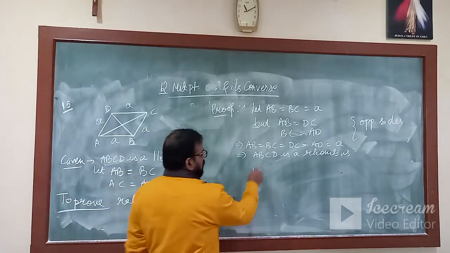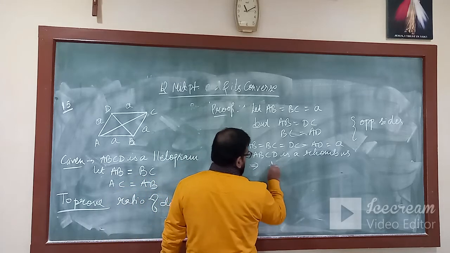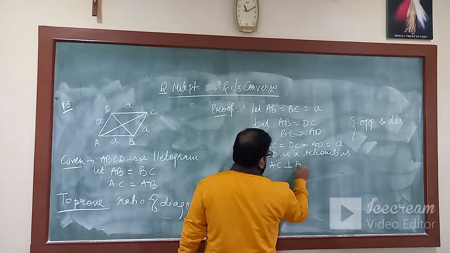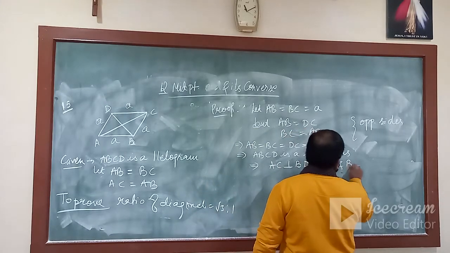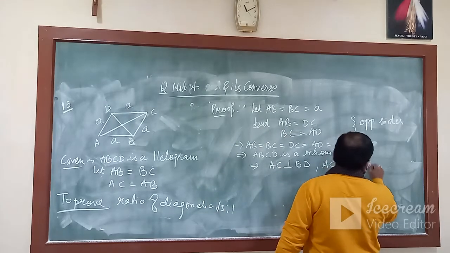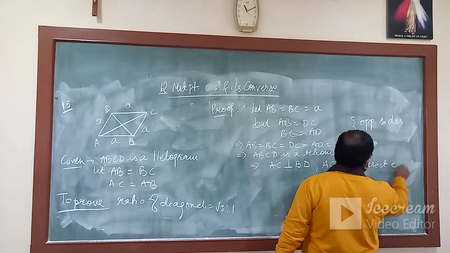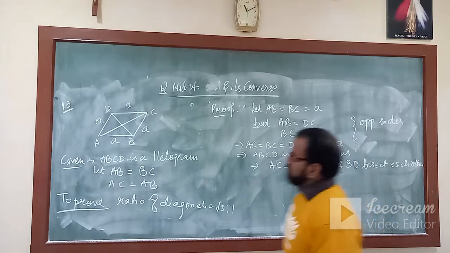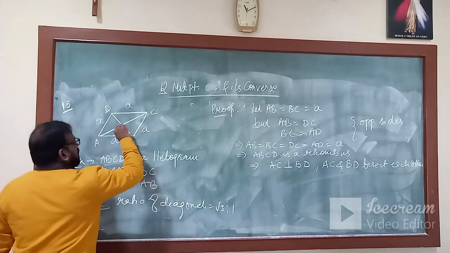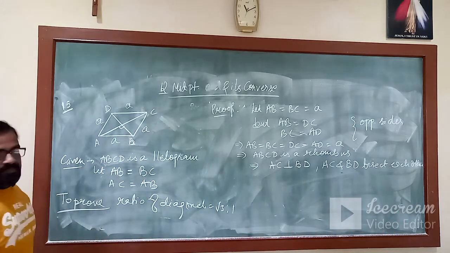Since it is a rhombus, we can say that AC is perpendicular to BD and AC and BD bisect each other. We know that in case of the rhombus, diagonals are the perpendicular bisectors.